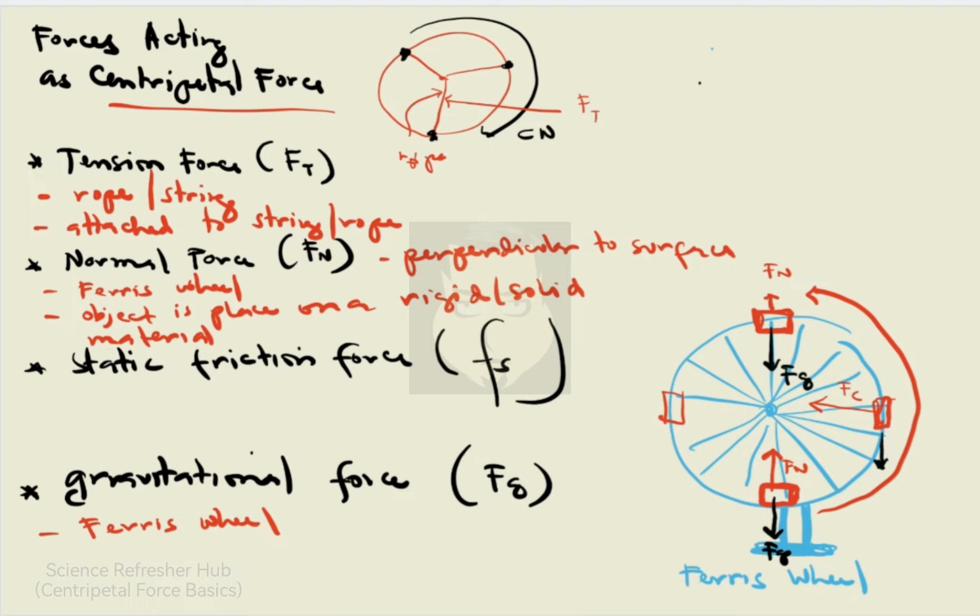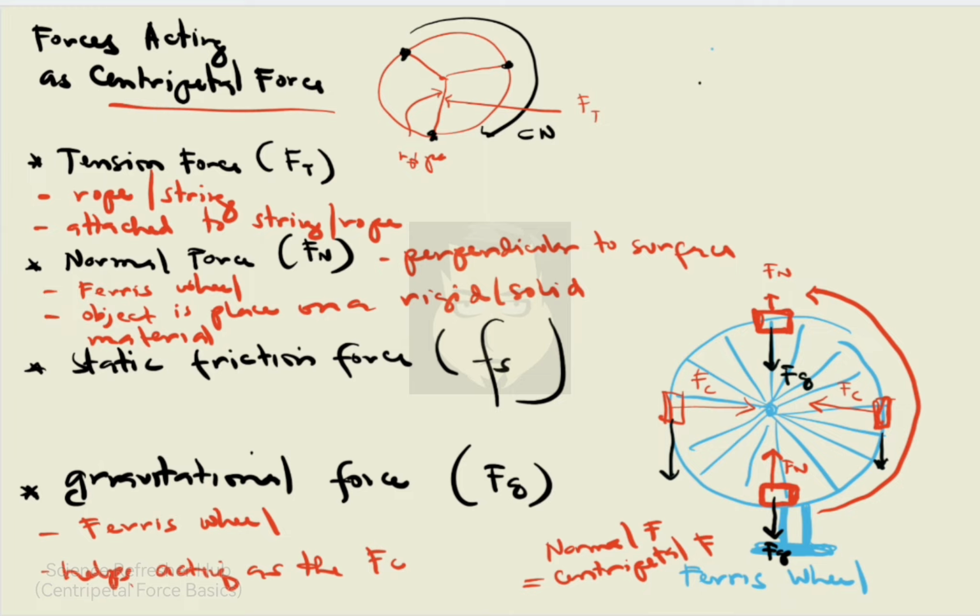So gravity pulls here while the normal force is trying to be the centripetal force. On a Ferris wheel, always remember the normal force is our centripetal force, and then the gravity backs it up. It helps act as the centripetal force, especially in this position above.